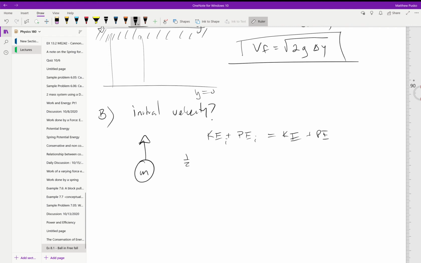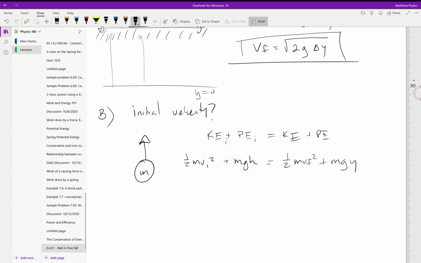We have a 1/2 mv squared term, and this is our initial. We still threw it from some mgh maybe, so that part of the problem didn't change. It still started up high, got thrown, and then we figured out the speed at any other point. And that all equals 1/2 mv final squared plus the potential at whatever y it is.